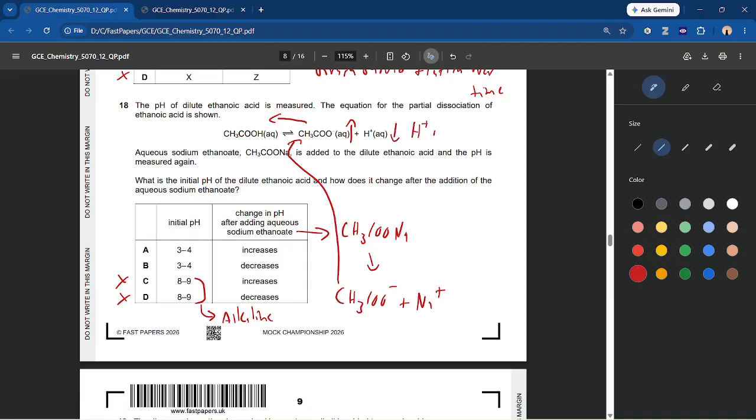And H plus is responsible for pH. So if H plus decreases, then acidity decreases, and so pH increases. So the answer for 18 will be A.